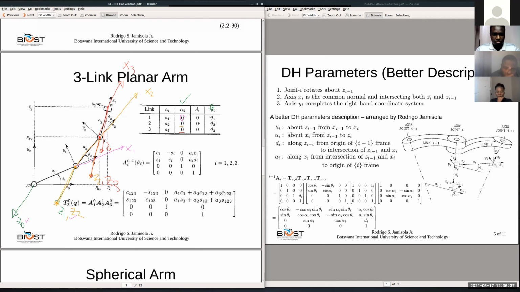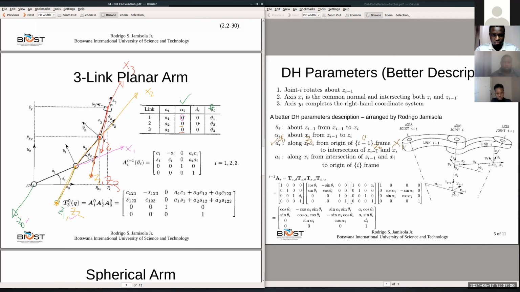So D1, along Z0, from origin of frame 0 to intersection of Z0 and X1.